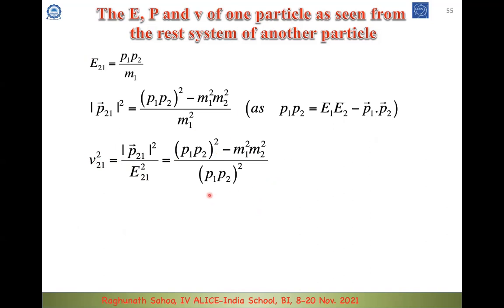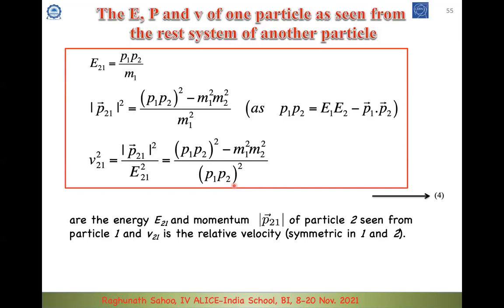My aim is always to rewrite, as far as possible, energy, momentum, velocity, everything in terms of the given invariants. This becomes the relative velocity. So these are the equations for E21 and momentum P21 of particle 2 seen from particle 1, because I am sitting on the particle.